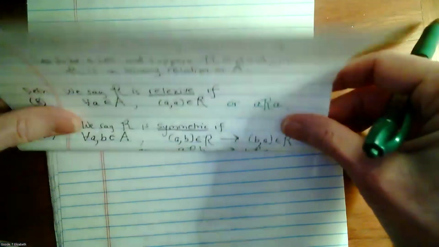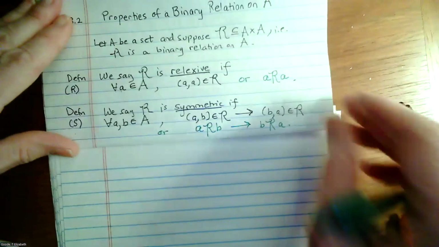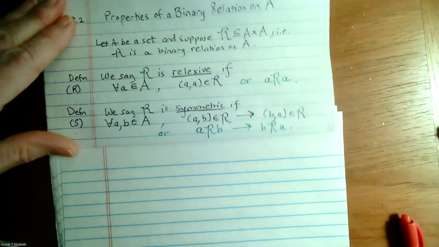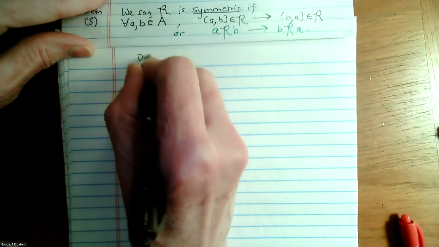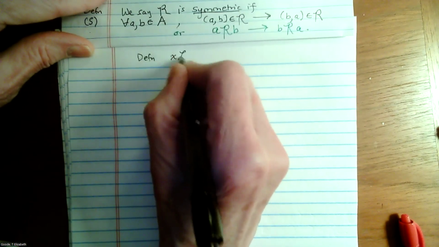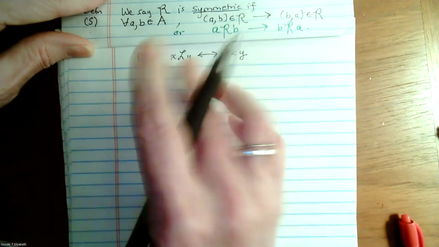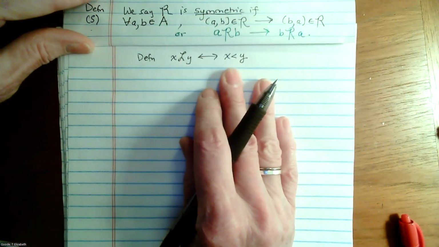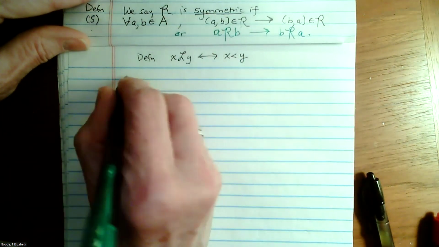I'm going to put our definition of symmetry up here where we can see it. And I'm going to put our definition of L where we can see it. Here's our definition. X is L to Y if and only if X is less than Y. Okay, that's our definition of curly L. So let's just see. Is it symmetric?